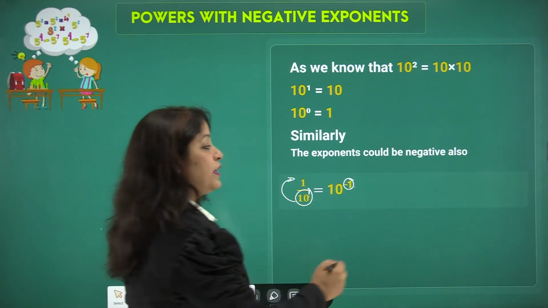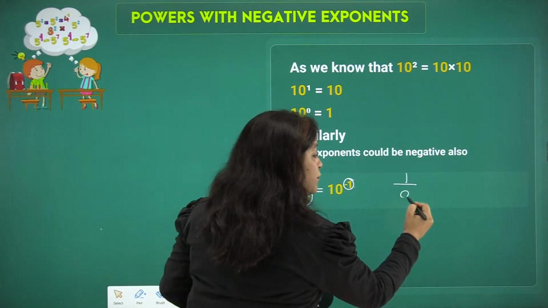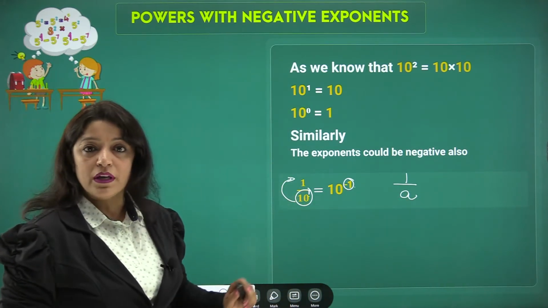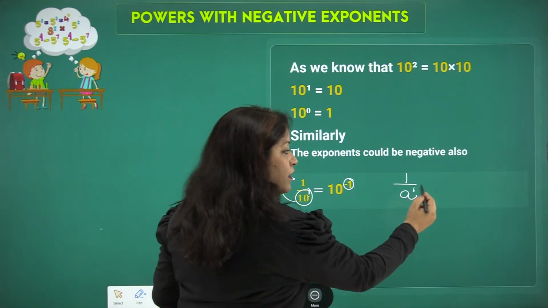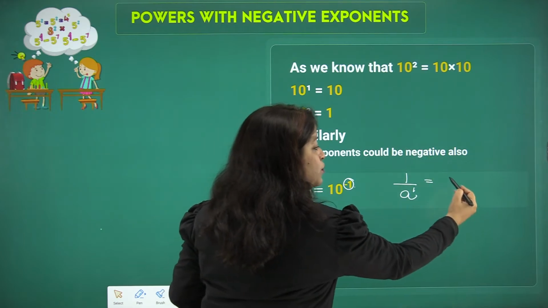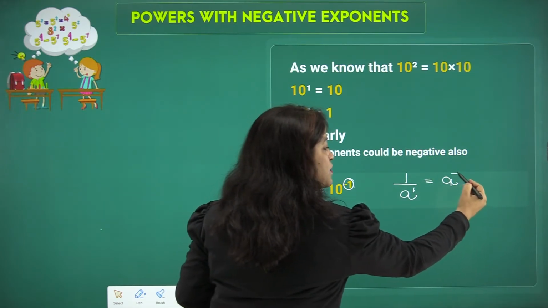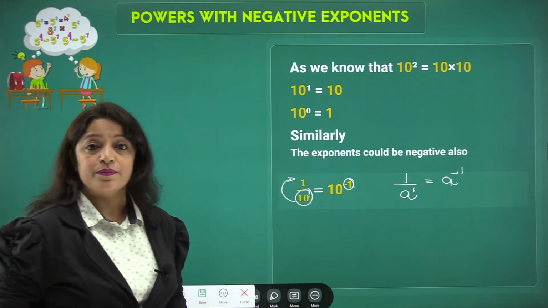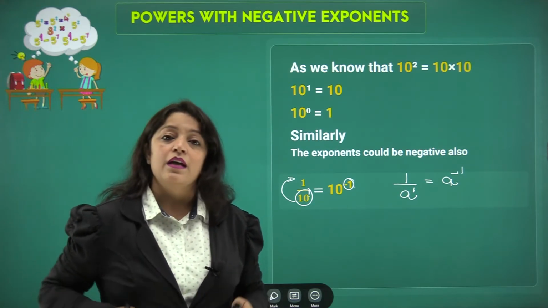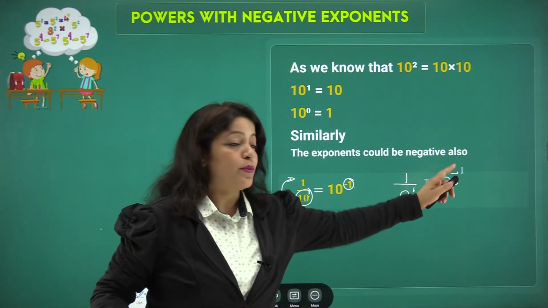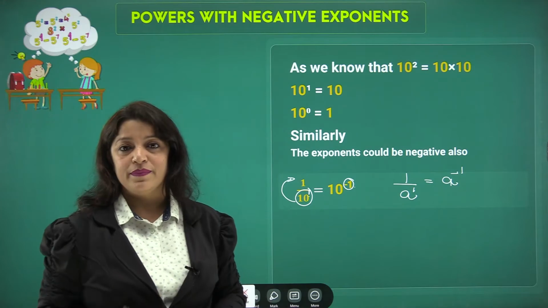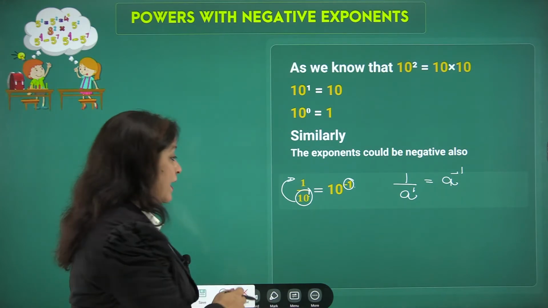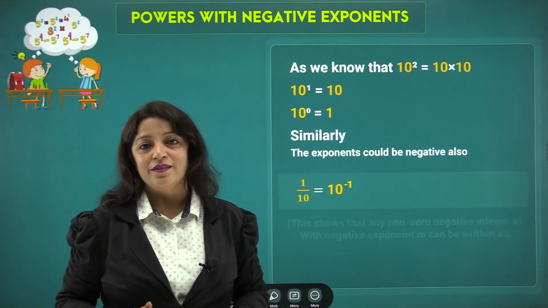So in general we can have a law here, that if there is any number which is in the denominator with the power of 1, we just shift it to the numerator and make its power negative. So 1 upon a can be written as a raised to the power minus 1. This is a very important law and we will use it now frequently.